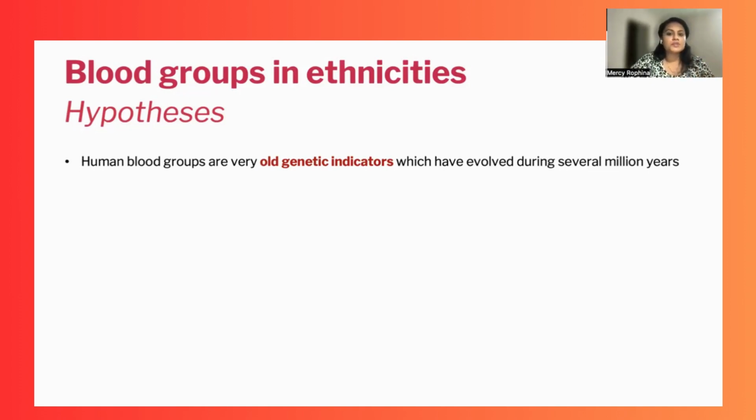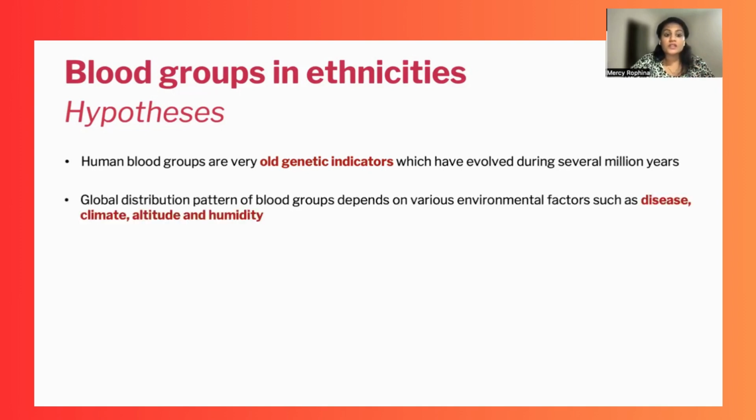Multiple reports and studies state that the global distribution pattern of these blood group antigens and variants varies depending upon environmental factors, which include disease, climate, altitude, humidity, geographical distribution, etc.